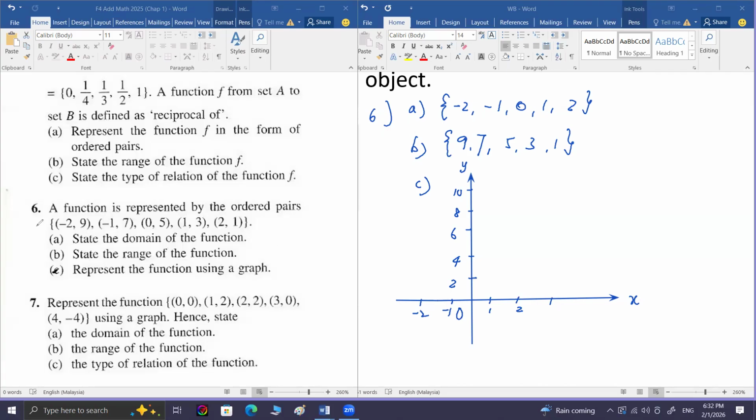So -2, you plot with 9. -1, 7. 0 is 5. 1 is 3. And 2 is 1. Okay, now with the graph, yeah?